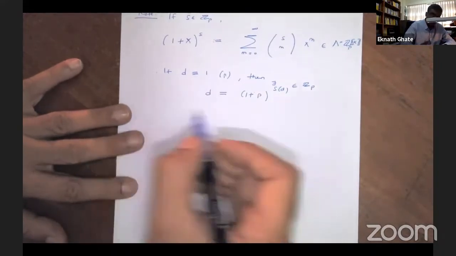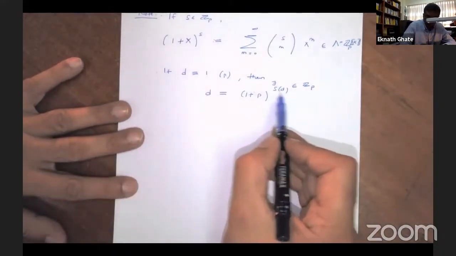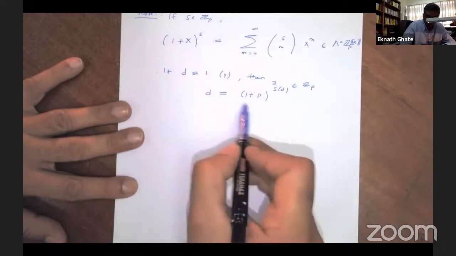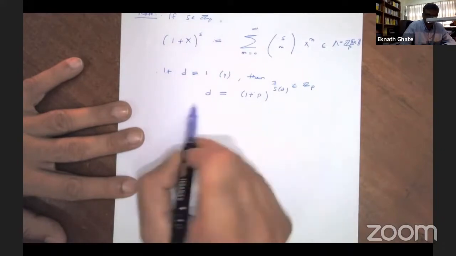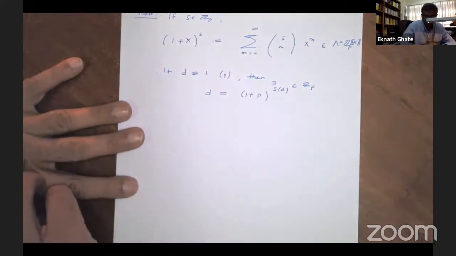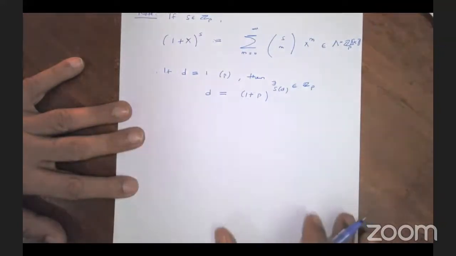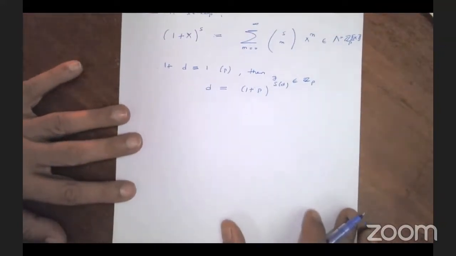If you like logarithms, you can define S of D explicitly as log of D divided by log of 1 plus p, but then you have to talk about the p-adic logarithm, so let us not get too much into that.